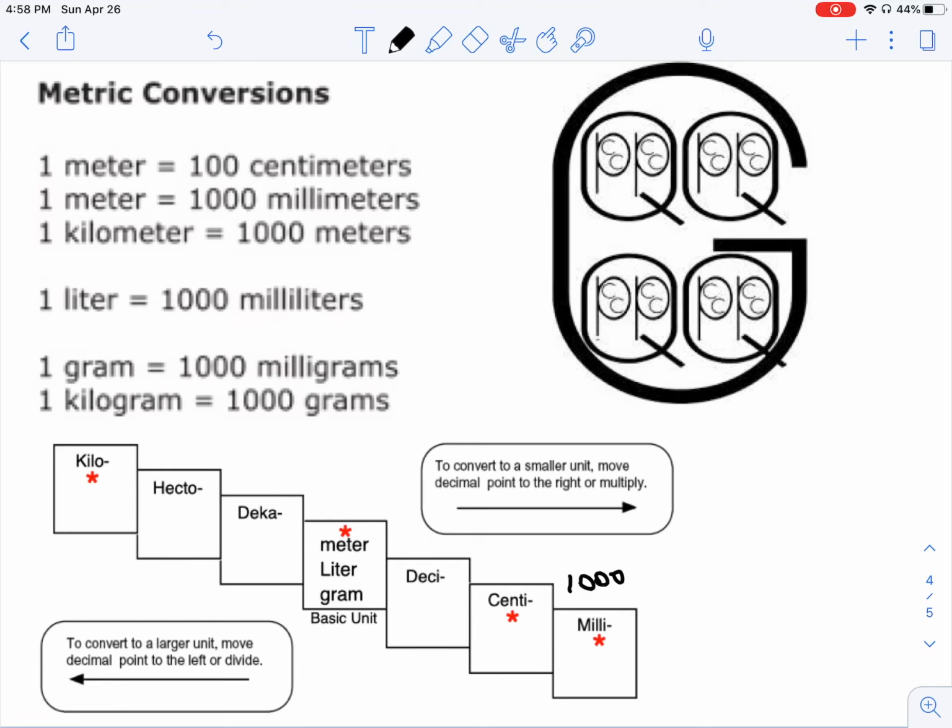And let's just move the decimal to meters and see what it looks like. If we have 1,000, we need to move the decimal 1, 2, 3 places to the left. 1, 2, 3 places to the left. So the answer is 1 meter equals 1,000 millimeters. Is that correct? Let's see.